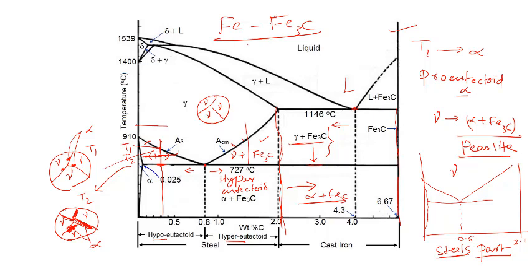Okay. So, this diagram that we have considered so far is basically this iron carbide diagram. If you want to consider it in terms of carbon, then probably you have to go back to the portion of the diagram where carbon can exist as a component or as a phase. Okay.